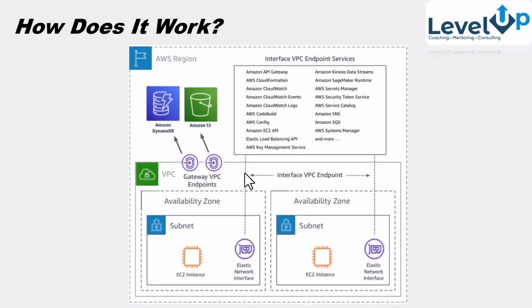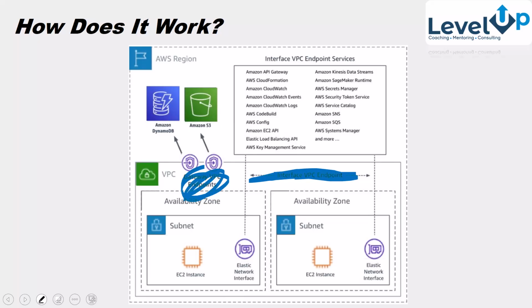Now, how does it work? There are two types of endpoints, as we have learned. One is called a gateway endpoint. The second is called an interface VPC endpoint. These are the two types of endpoints that we have.